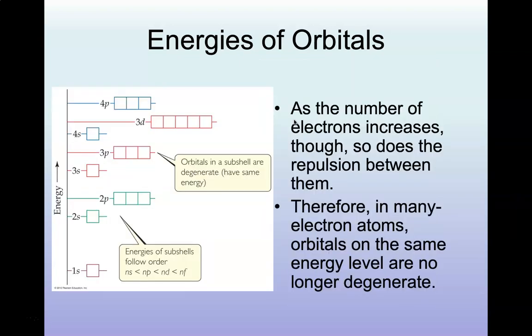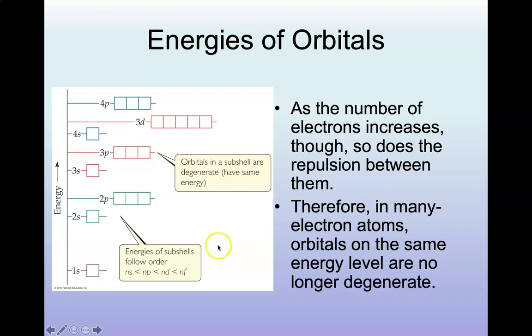Remember that when we go through and put electrons into our orbital diagrams, what we're going to see is that it's actually not common for things to have the same energy. And this is the reason why when we read the periodic table's electron configurations, we start with 1s, then we go to 2s, then 2p, then 3s, then 3p, then 4s, then 3d, then 4p.